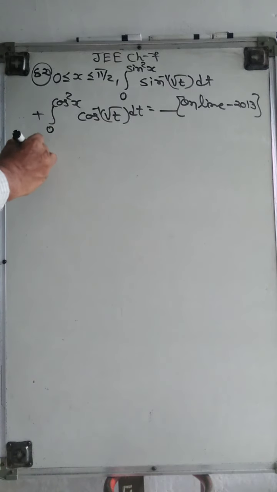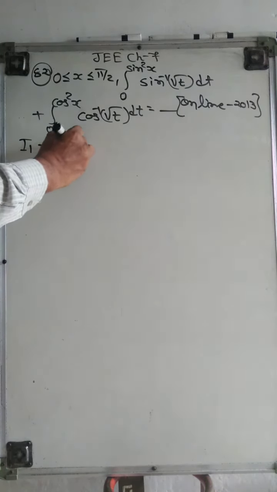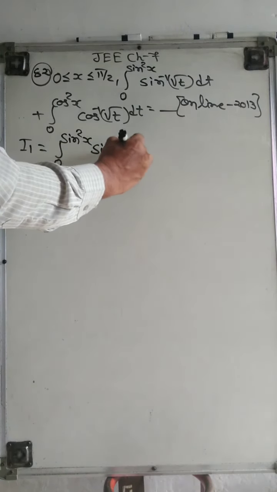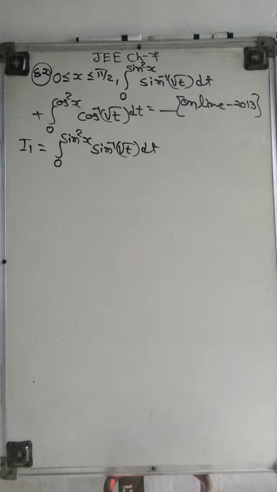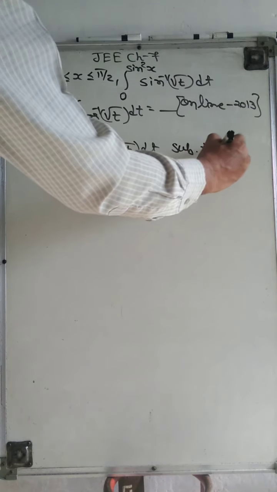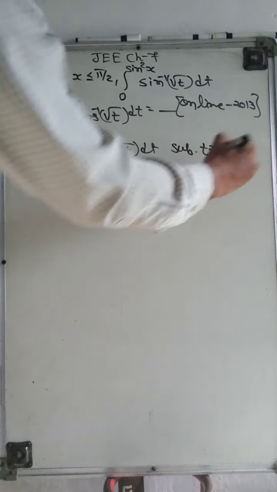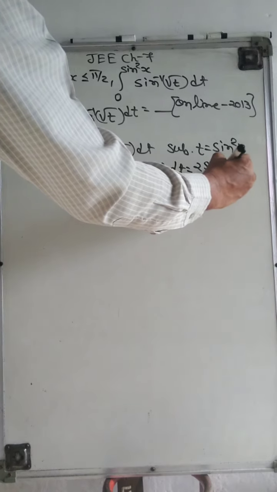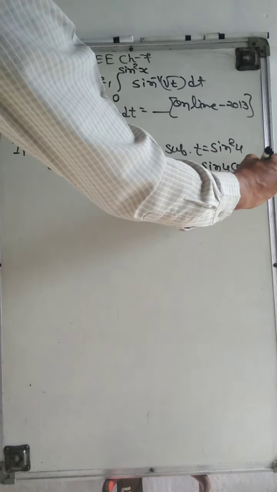First we take I1 equal to the integral from 0 to sin square x of sin inverse root t dt. So here what we do? Here we substitute t is equal to sin square u. Therefore dt is equal to 2 sin u cos u du.